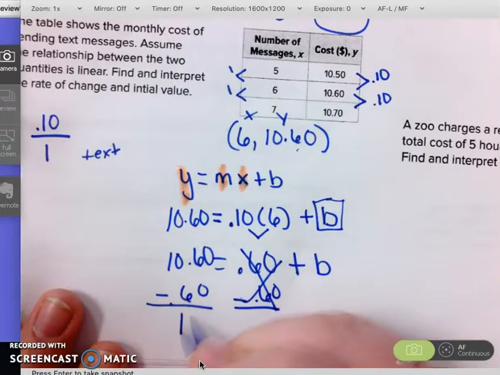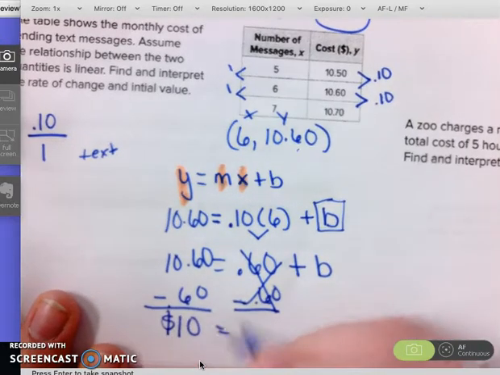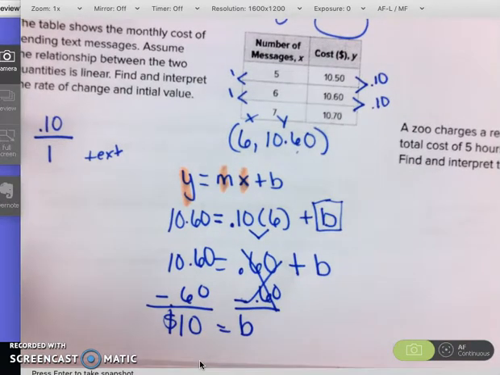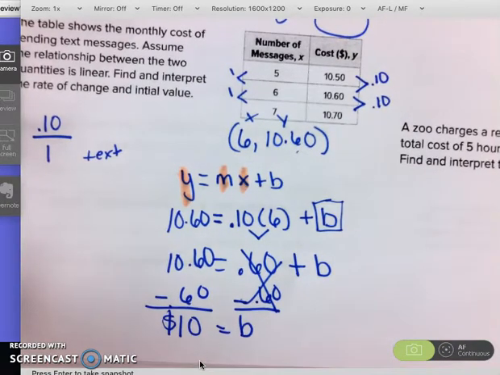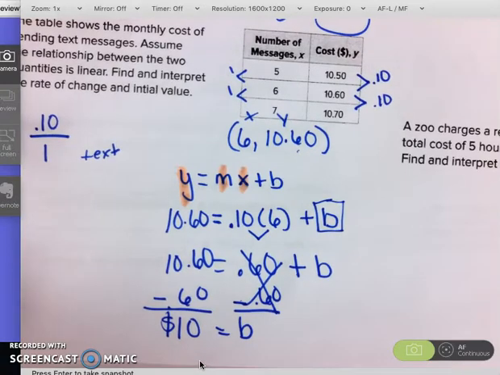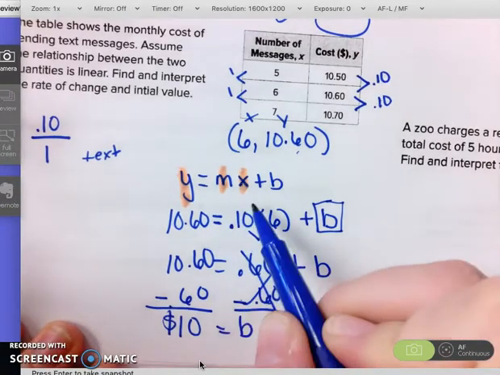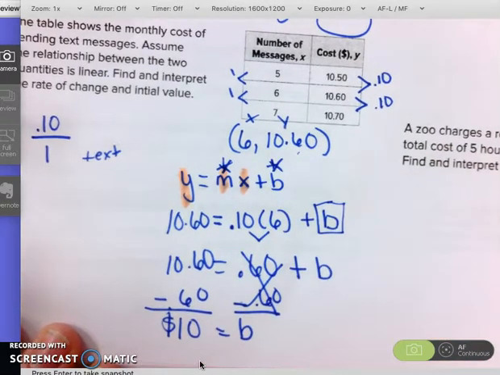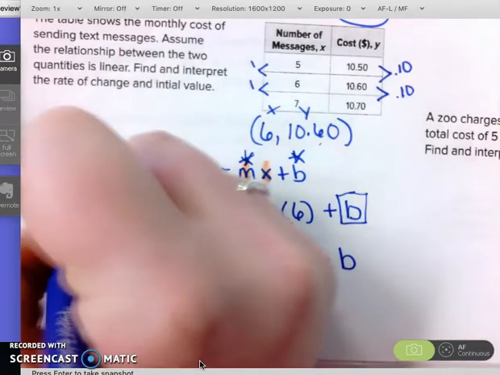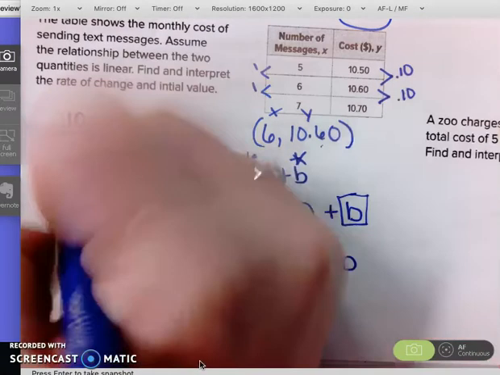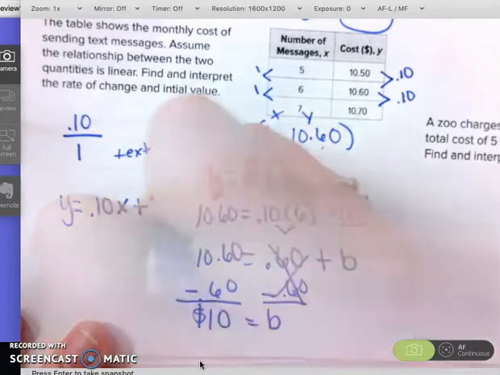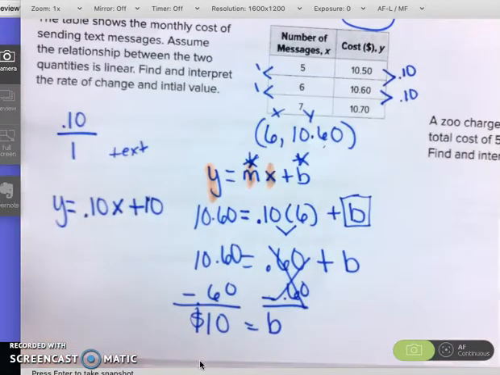I get $10 over here, and that equals b. But that's not where I end. I have to substitute my numbers back into my y equals mx plus b form. I'm replacing the m and I'm replacing the b. y equals 10 cents times x plus my initial fee of $10.